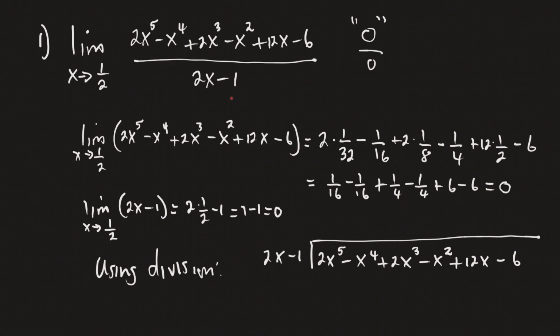We are going to take this leading term, this 2x to the 5th, and divide it by 2x. And when I do that, I am left with x to the 4th. So that's going to be my first term here. And then I take my x to the 4th, multiply the entire divisor, 2x minus 1, and then subtract it from my dividend.